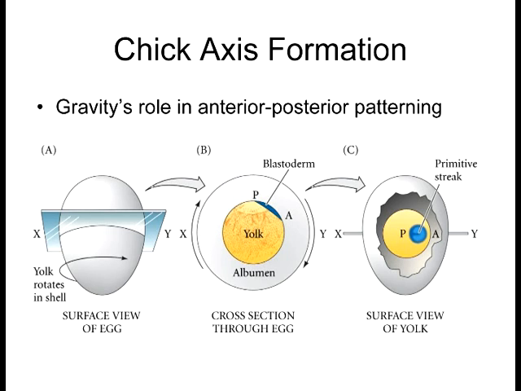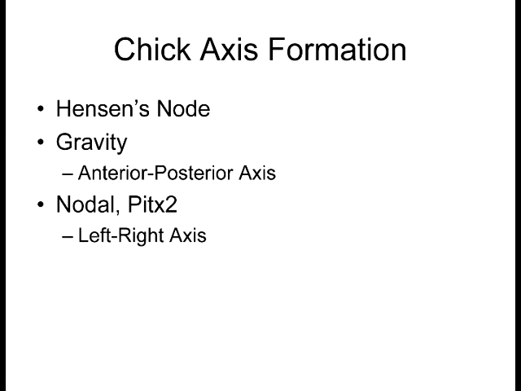So gravity plays a role in the posteriorization and the anteriorization, so the anterior-posterior axis of the chicken. So the actual laying of the egg is part of the anterior-posterior patterning. If you just pulled the egg straight out of the chicken, it wouldn't work, well, for a number of reasons.